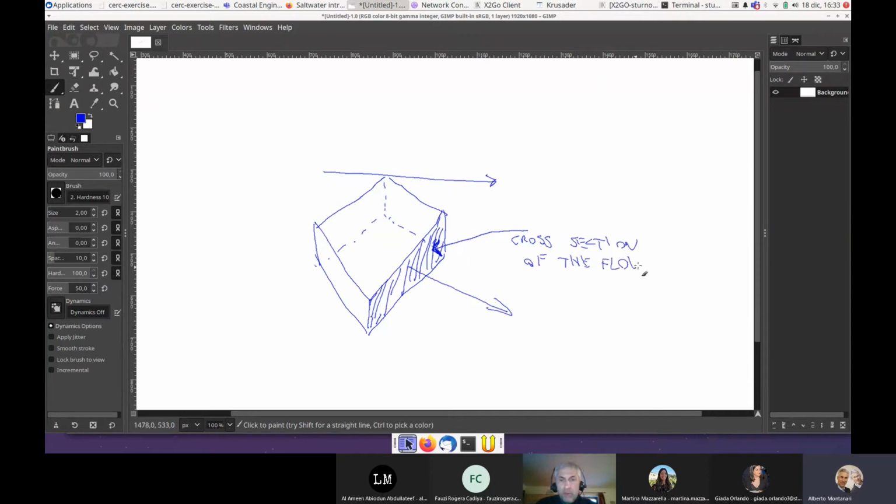And here in this cross section, I can apply the hydrostatic law. What is the hydrostatic law? Let me refer to this cross section and depict it here. Let's suppose that this flow is characterized, in the upper part, by atmospheric pressure.